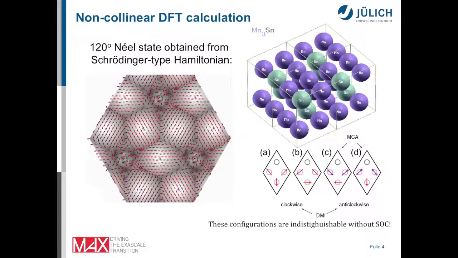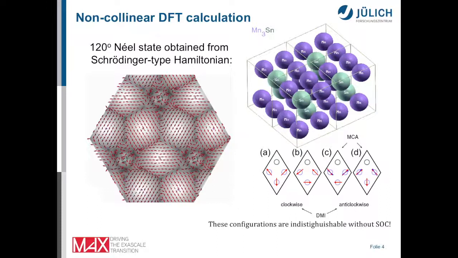So this comes out from a calculation without spin-orbit coupling, such a magnetization density, but in principle I'm still free to rotate this whole magnetization density by a global spin rotation in space without changing the total energy. For example, I plotted here four different possible magnetic states that could be realized in this manganese tin, which differ basically by the sense of rotation of the magnetization.